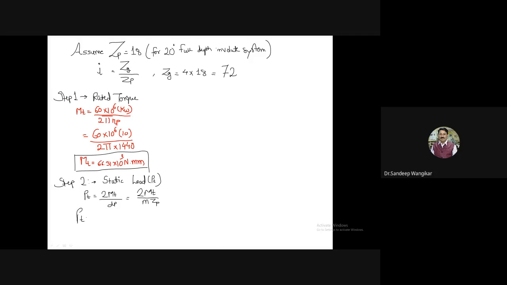So I will calculate PT as 2 into MT, 66.31 into 10 raised to 3, divided by M into 18.